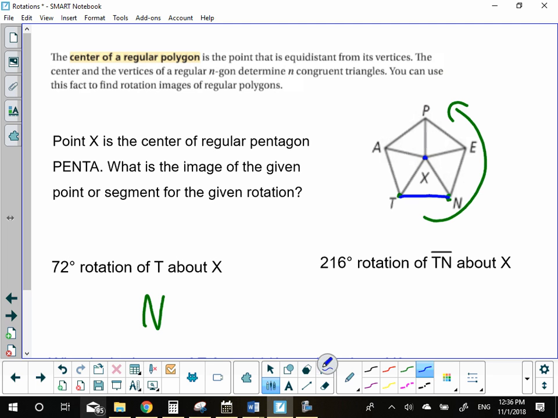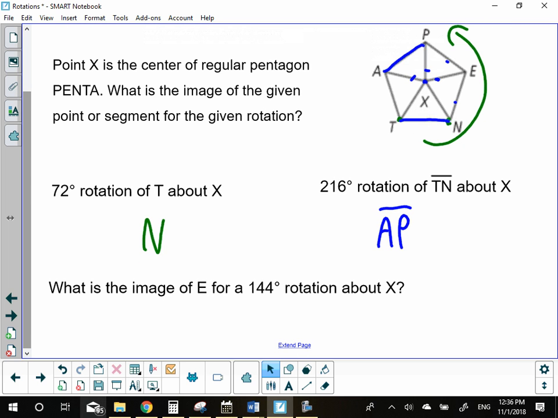Where do we end up? We end up at 1, 2, 3. Let's get that. We have 72, 1. This would be 72, this would be 144, this would be 216. Circling around.